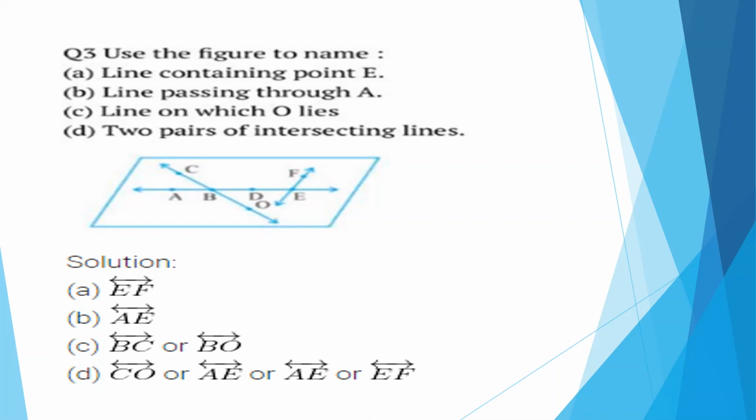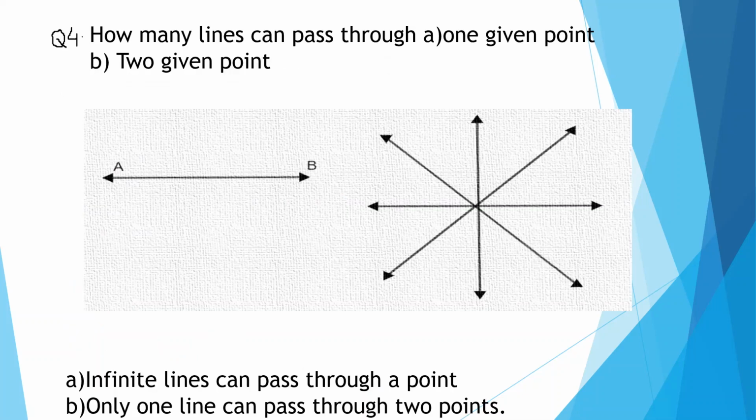D part, 2 pairs of intersecting lines. One pair is CO and AE, these are intersecting lines. AE and FE, these are intersecting lines. Question number 4. How many lines can pass through one given point and 2 given points?